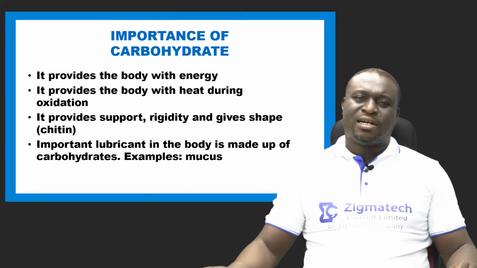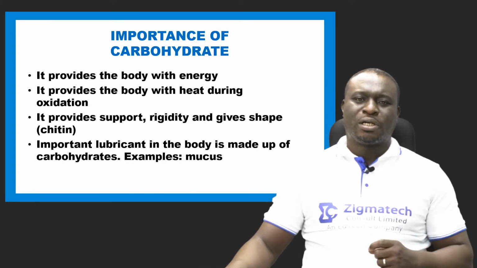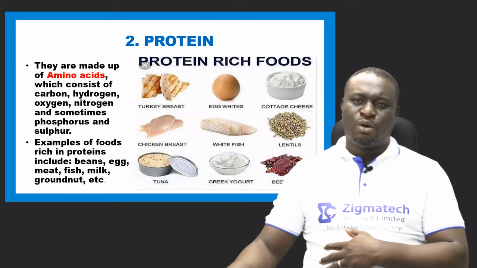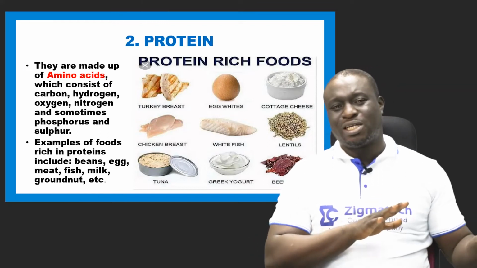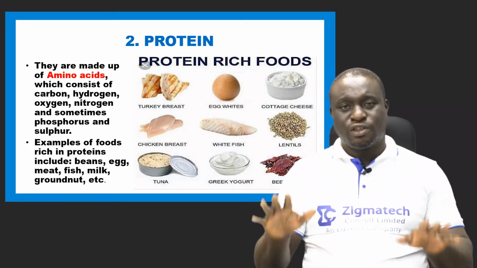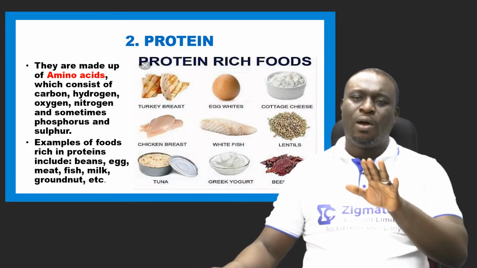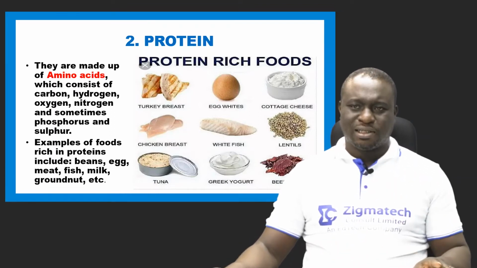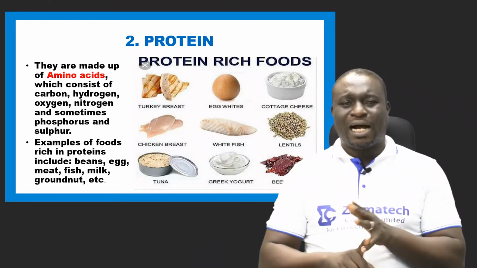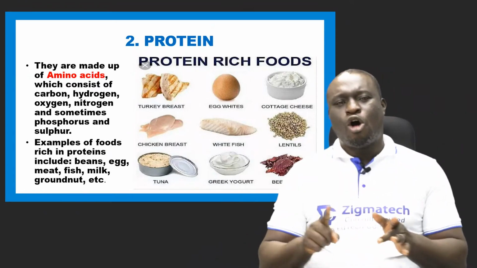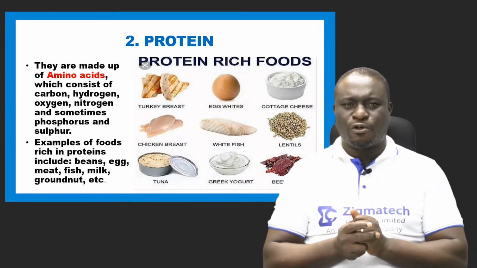All right. Now, the second class of food we're going to be talking about is proteins. Now, remember we said the simplest form of carbohydrates is glucose. The simplest form of proteins is the amino acids. Amino acids or proteins consist of carbon, hydrogen, oxygen, nitrogen, and sometimes phosphorus and sulfur.